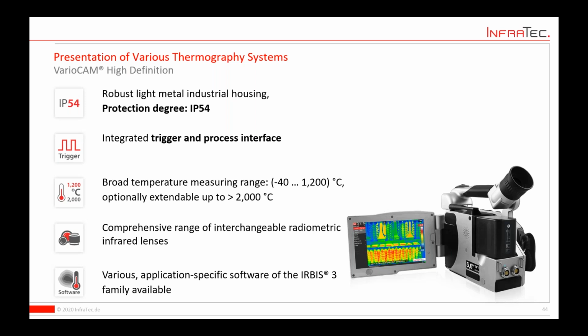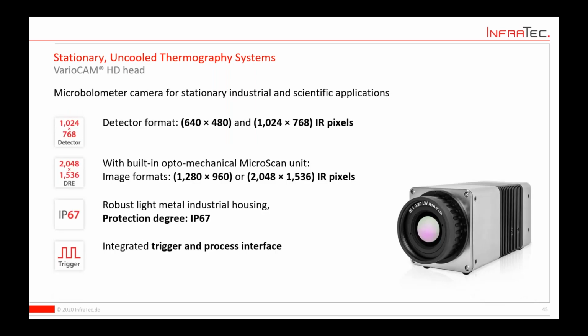The example here is a handheld camera, but of course these cameras are also available as stationary cameras with the same functionality, that means the same measurement performance, the same detectors, the same resolution, the same thermal resolution. But of course a stationary camera is 100% remote controlled, so these cameras include a motorized focus from stock. The benefit of a stationary camera can be an even higher IP rating, which is beneficial for different applications.